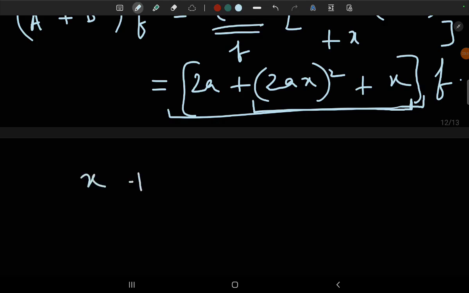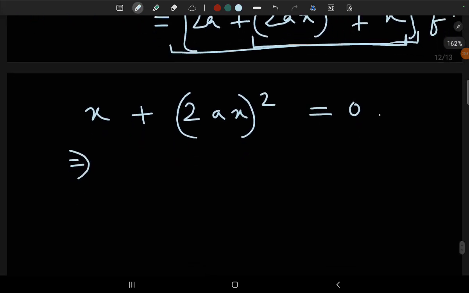Thus we have x plus 2ax whole square, this part should equal 0. So this is a condition for eigenvalue. For this equation to be an eigenvalue equation, what should be the possible value of a? This is what I am trying to determine.